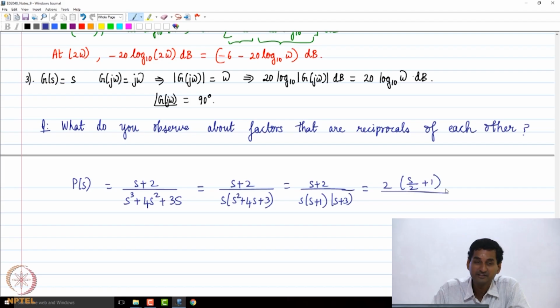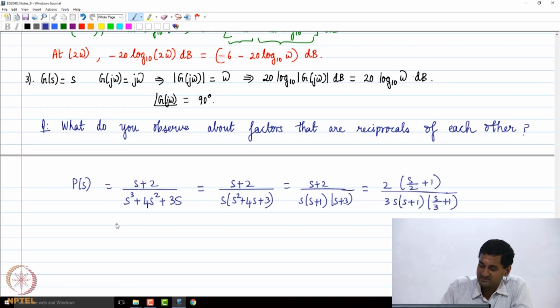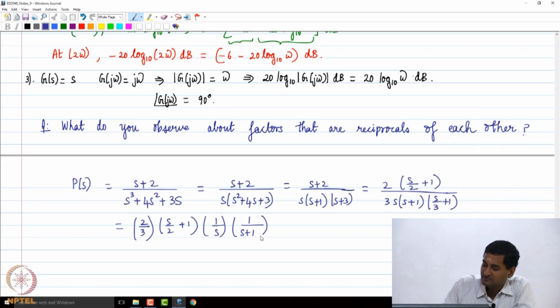So I can rewrite this as 2 times (s by 2 plus 1), and 3 times s times (s plus 1) times (s by 3 plus 1). So the transfer function I can write as 2 by 3 times (s by 2 plus 1) times 1 by s times 1 by (s plus 1) times 1 divided by (s by 3 plus 1).